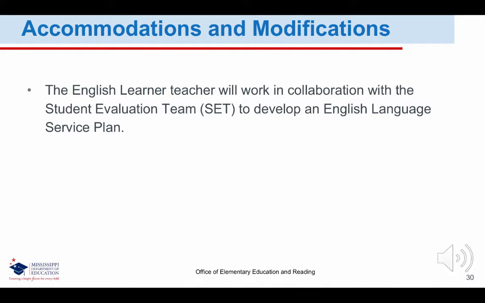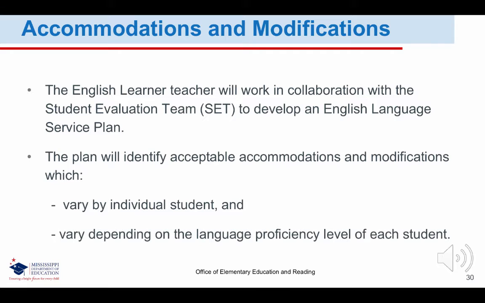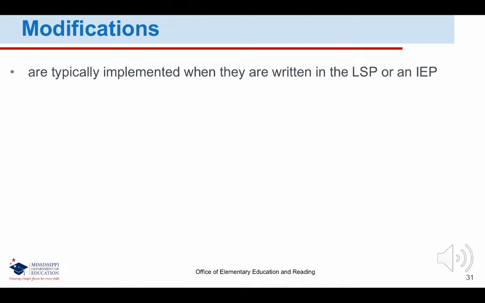The English learner teacher will work in collaboration with the student evaluation team to develop an English language service plan. That plan will identify acceptable accommodations and modifications, which vary by individual student and vary depending on the language proficiency level of each student. Modifications are typically implemented when they are written in the language service plan or an IEP.